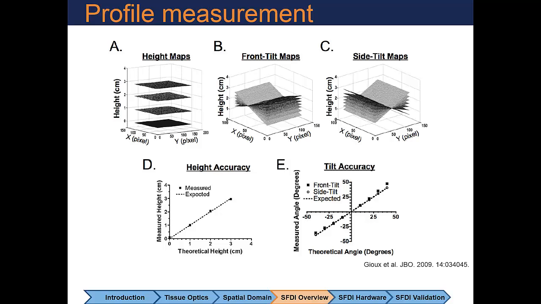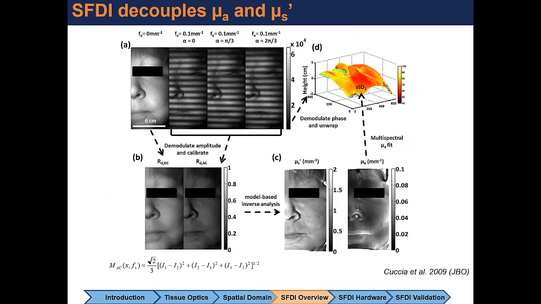This was work done with Sylvain Giou's group and John Frangioni's group at Beth Israel Deaconess Medical Center, where we showed that with the same instrument we could also reconstruct phantoms at different heights and different angles accurately. So this is us just overlaying a tissue oxygen saturation map, calculated from these absorption values at multiple wavelengths, on top of the 3D structure of the face.